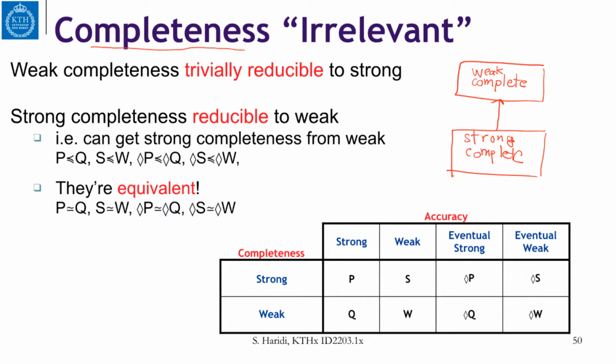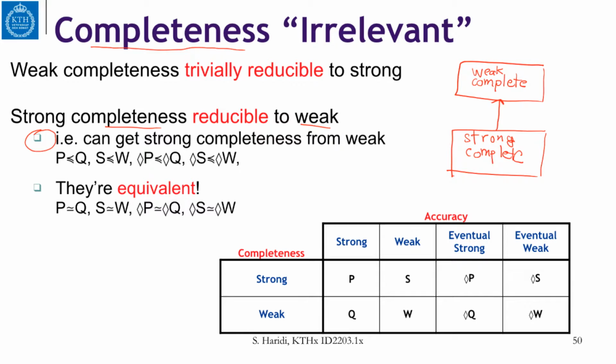We will show soon that strong completeness is also reducible to weak completeness. And by this, we get the following interesting property. First, we can get strong completeness from weak completeness.